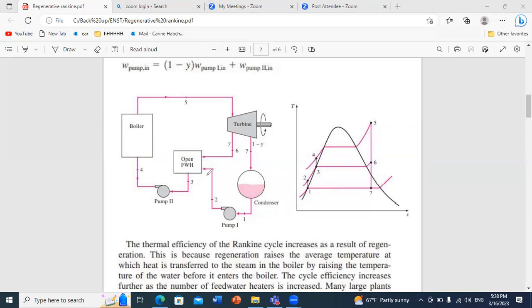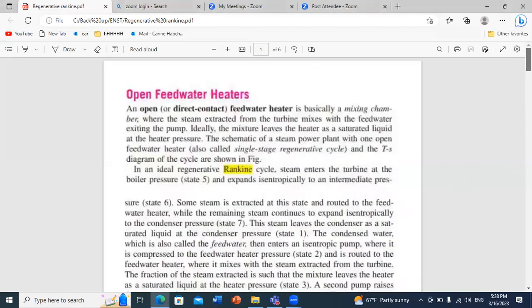I will tell you how the cycle will operate, and based on the explanation, you can draw the corresponding graph. So this cycle corresponds to the regenerative Rankine cycle, and we'll discuss together what we mean by regenerative. Okay. So let us go over a small description of the system, then we'll go to the analysis of the different steps.